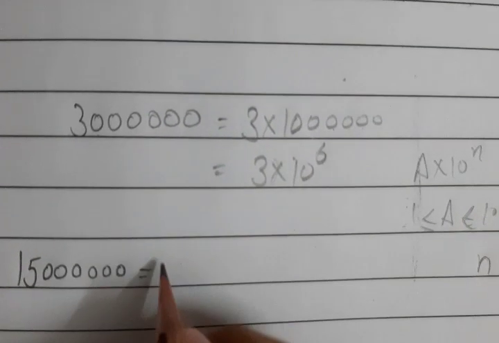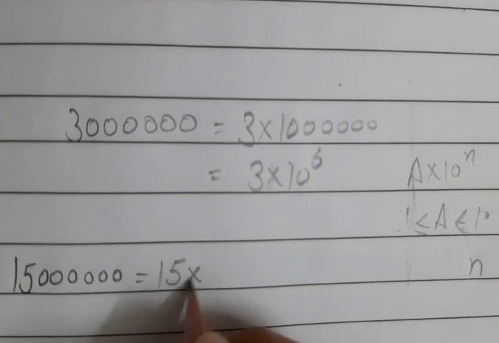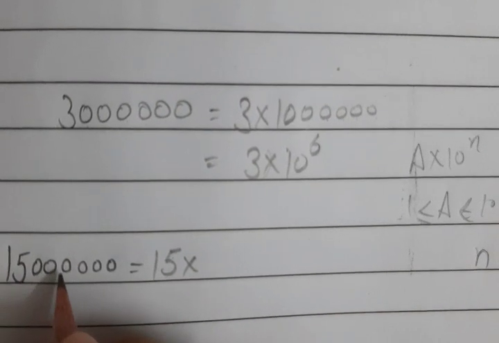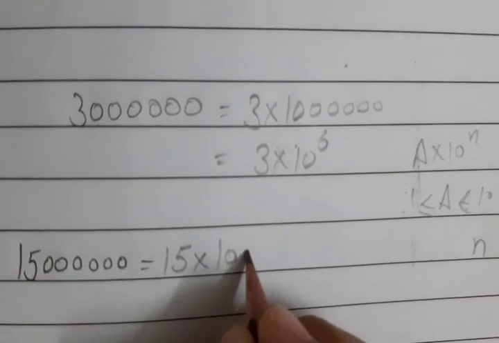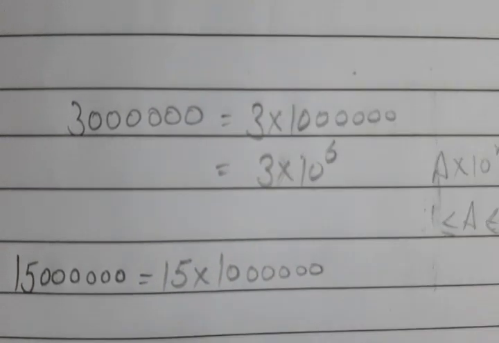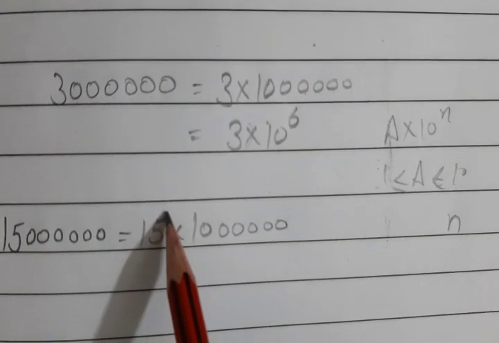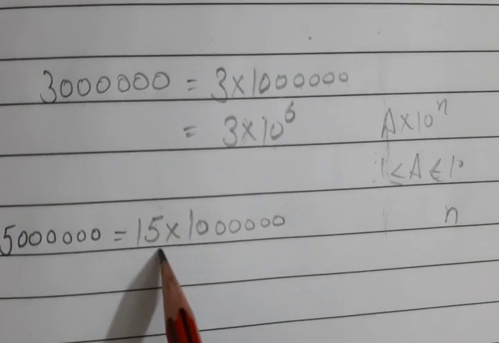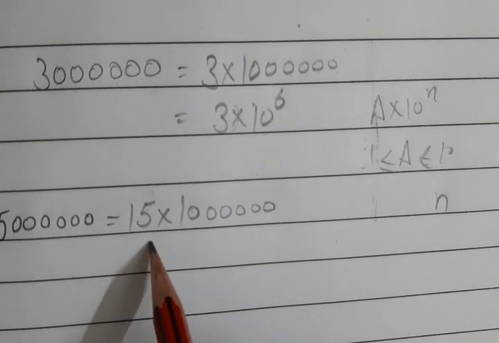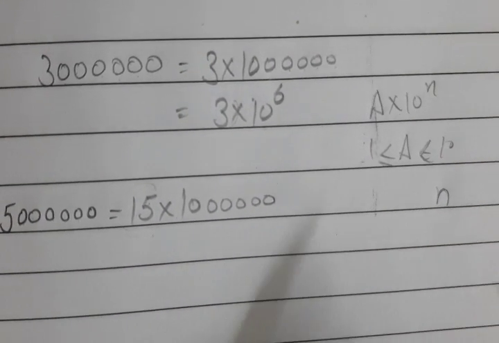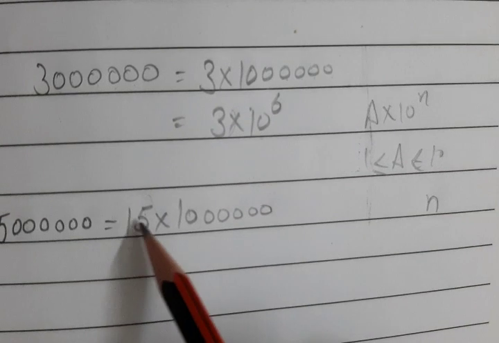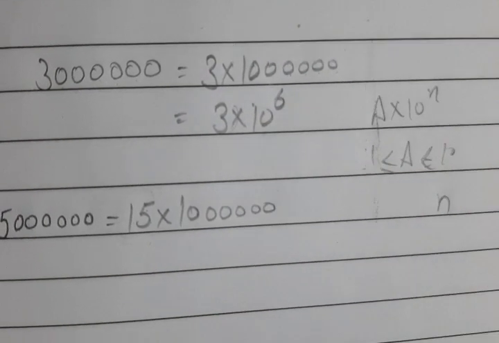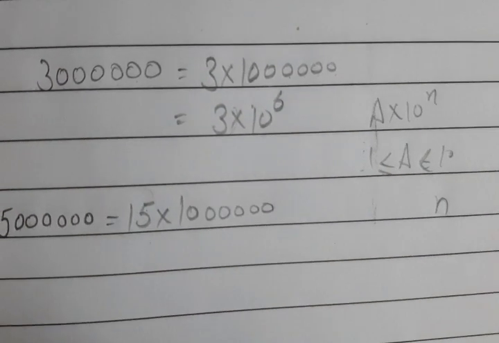One more example, if we take a number like this. Firstly we will write 15 into, how many 0 will come? 1 2 3 4 5 6. 6 zeros will come. Now this is a bigger number. We want only a one digit number, मतलब that we want a number which lies between 1 to 10. How to make it smaller?